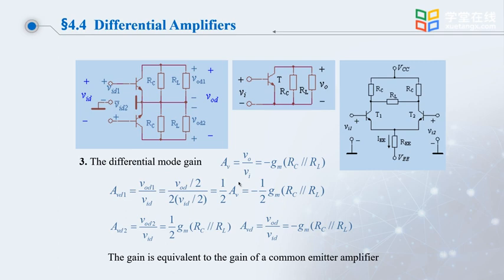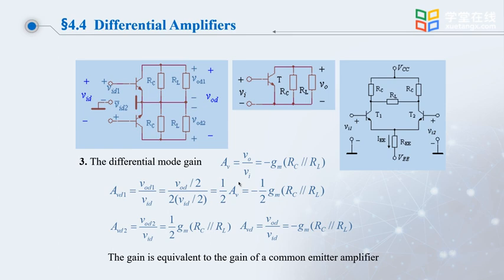Let's take a look at the gain of the differential mode. For the single-stage common-emitter amplifier, its voltage gain is equal to negative beta multiplied by RL. Let's analyze the differential mode gain for single-ended output. The numerator is the output voltage at each end, VOD1 or VOD2, which is equal to 1 over 2 VOD.